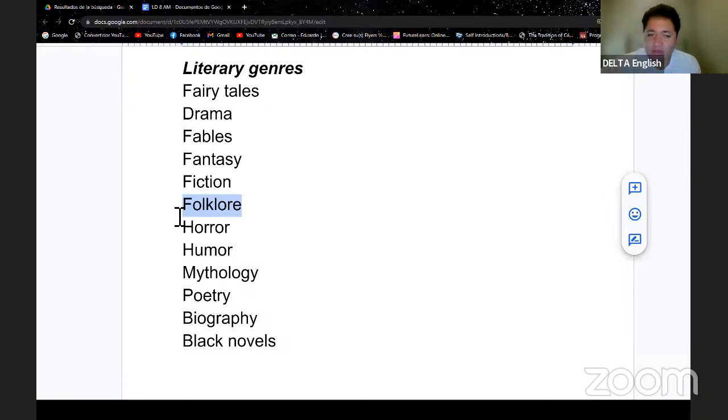In Ireland, for example, it could be the dwarves, right? En Irlanda podría ser que el folclore hable sobre los duendes. In other countries, they talk about their gods or traditions, right? So usually folklore stories inspire the culture of the country, of the people.